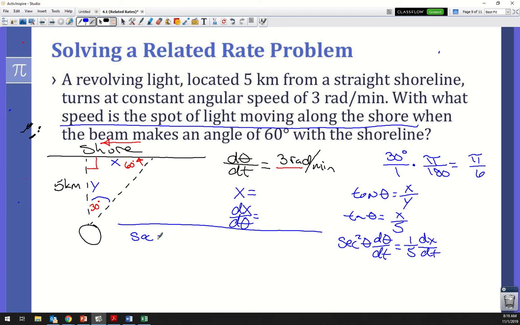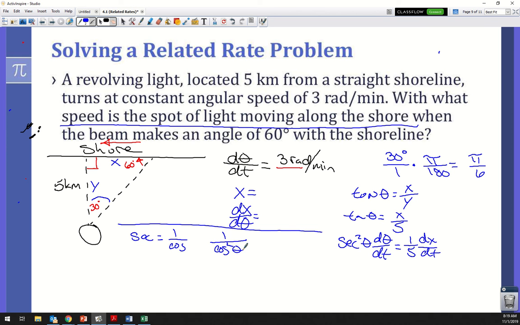So secant is equal to 1 over cosine. So it's going to be 1 over cosine squared theta. And I'm going to take that at cosine, it's going to be rad 3 over 2. But since this is a fraction over a fraction, I'm just going to do the reciprocal, because secant is a reciprocal identity.